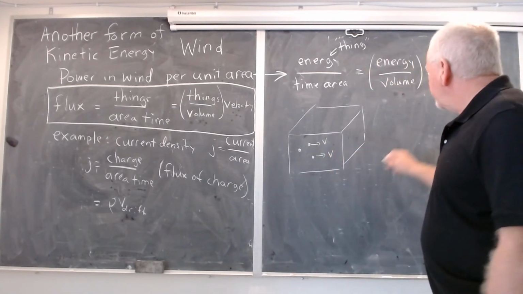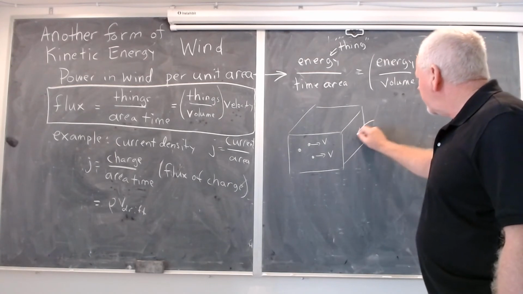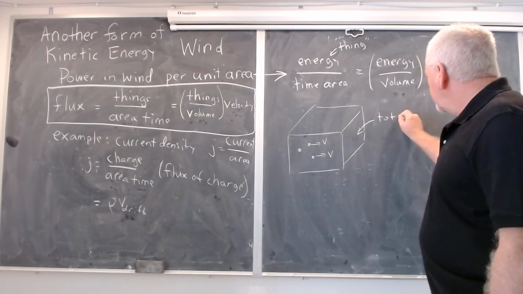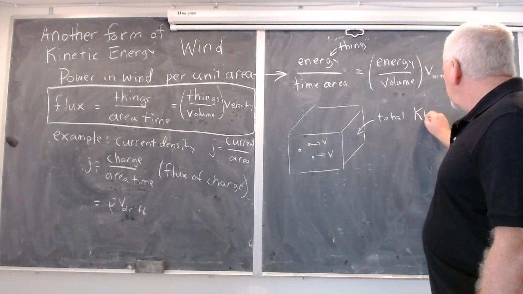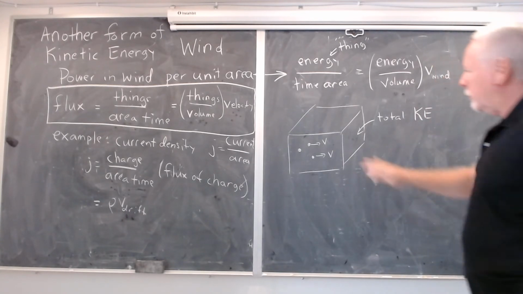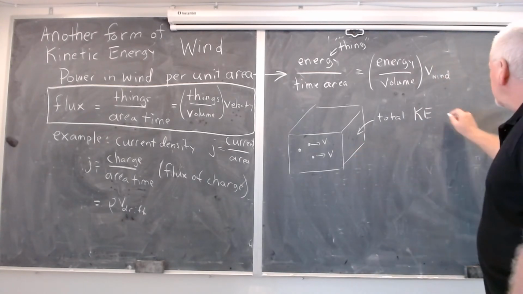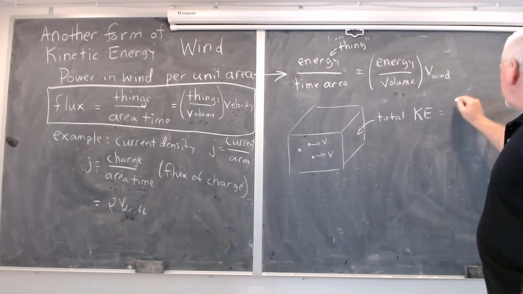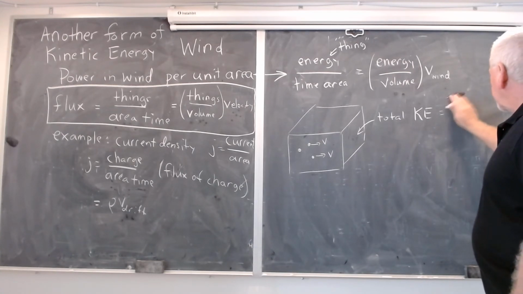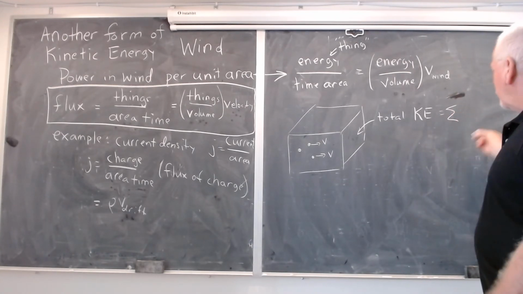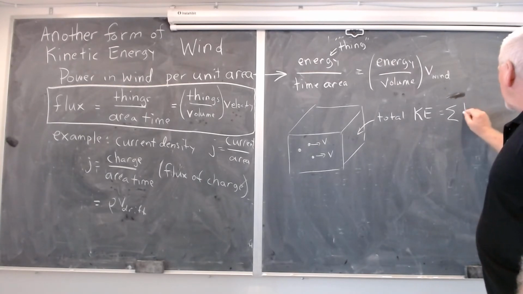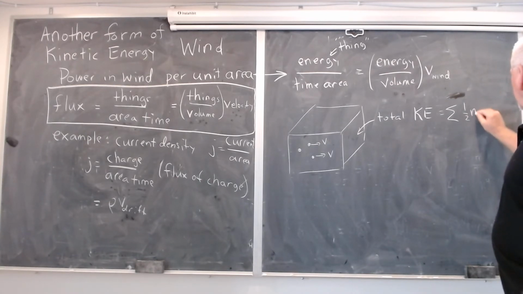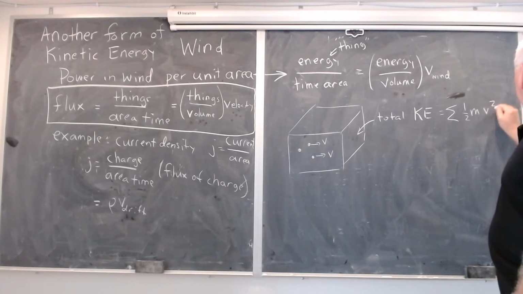So if I were to take the total kinetic energy of all those molecules in that box, it would be the sum of all the molecules of 1/2 mv squared.